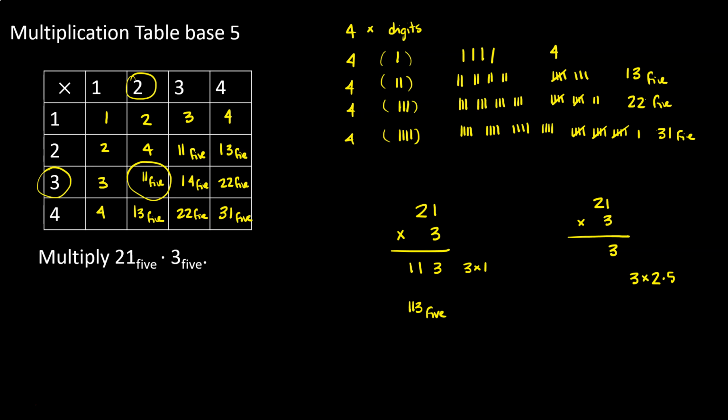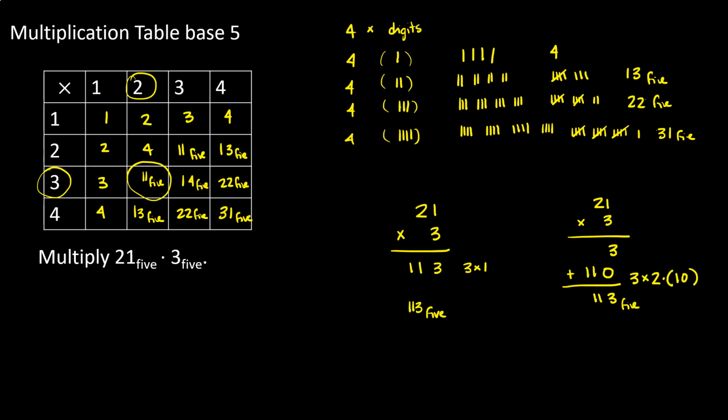So then, sorry, we wouldn't write it as 2 groups of 5, we would write that as groups of 5 like this. 3 times 2 is still 1, 1, but when we multiply it to the number 1, 0 in base 5, that becomes 1, 1, 0. So we do get the same thing there.